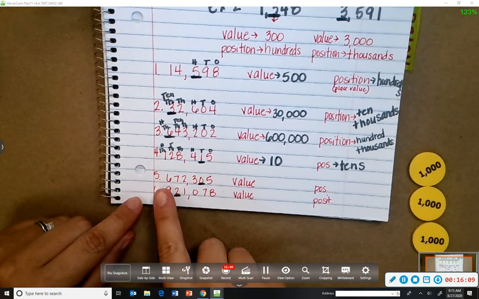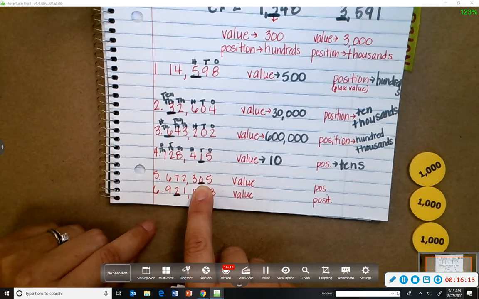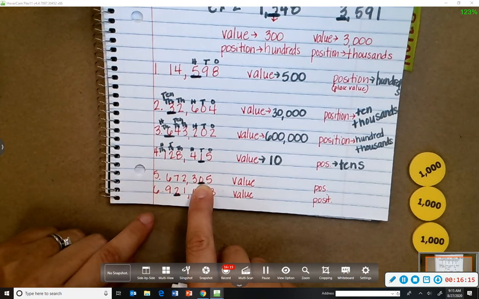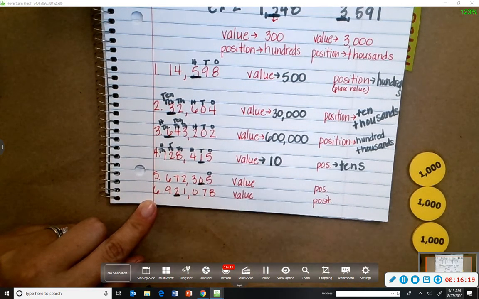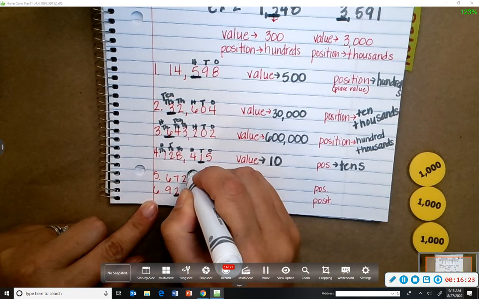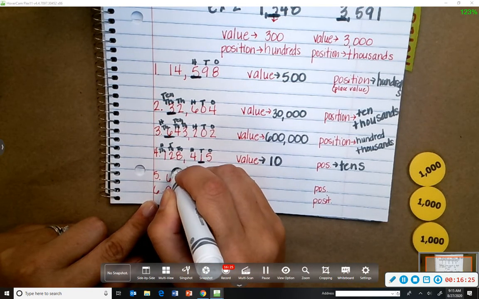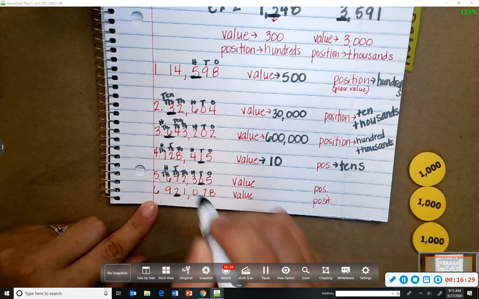Okay, next one. We want to know the position and the value of this 0. So let's first start by labeling our place values. Or don't forget, you could be putting it in a place value chart if that helps. Tens, hundreds, thousands, 10,000s, 100,000s.